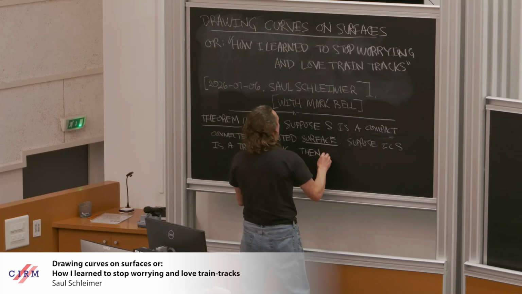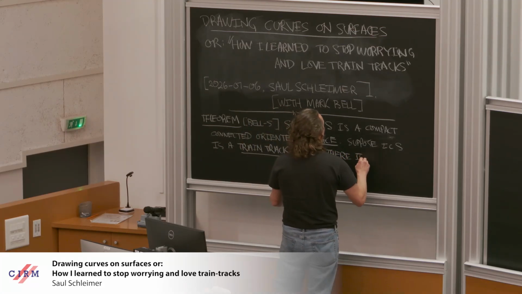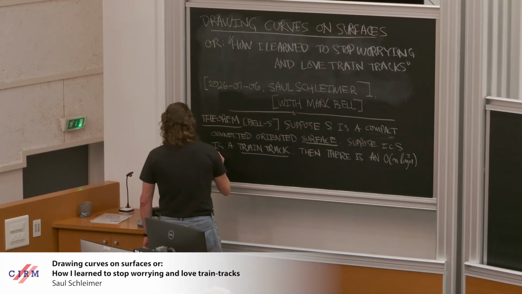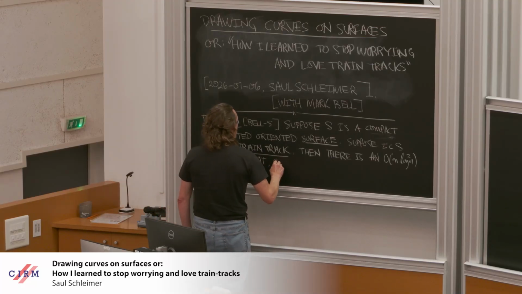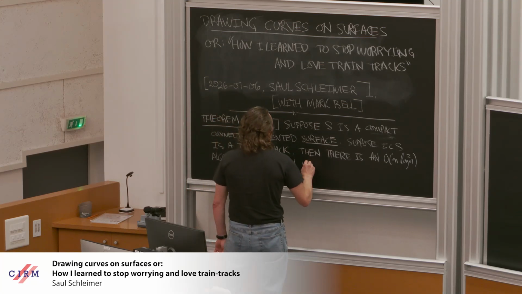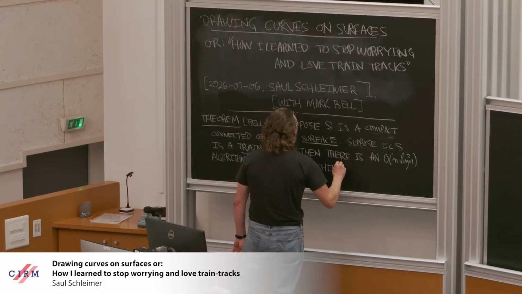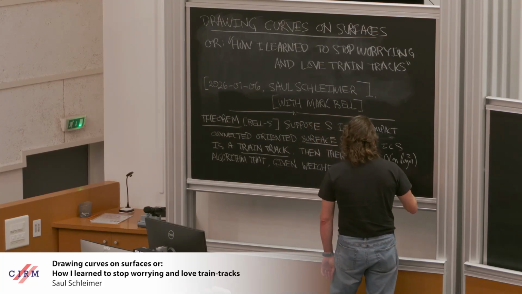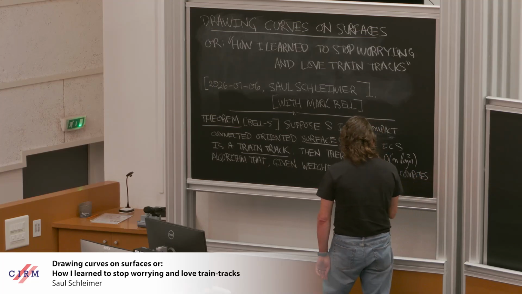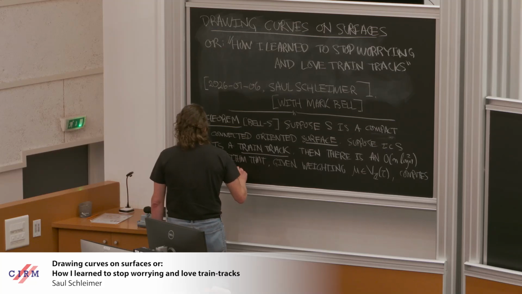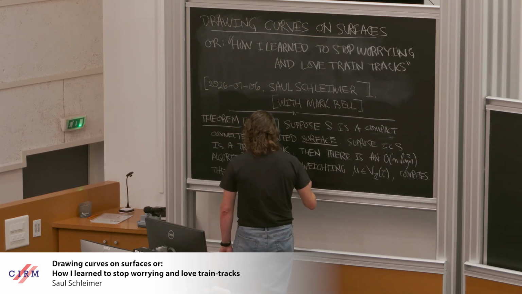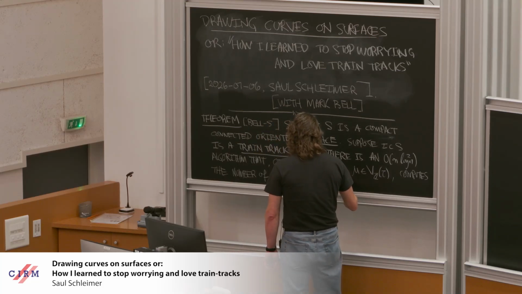Then there is an O of n log n, log squared n algorithm that, given a weighting, let me call it mu, which is a weighting with integer coefficients on tau, computes the number of components of the curve, the carried curve, alpha mu.